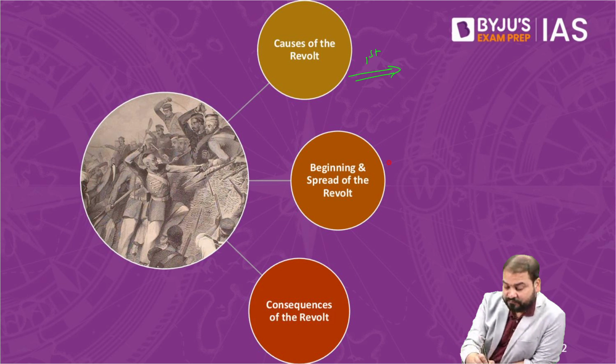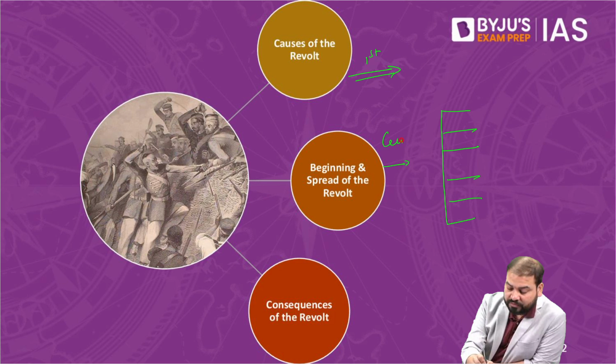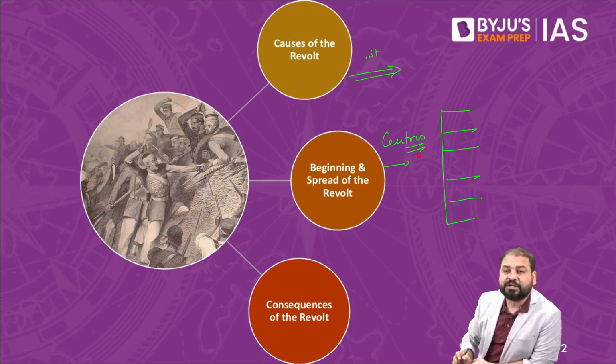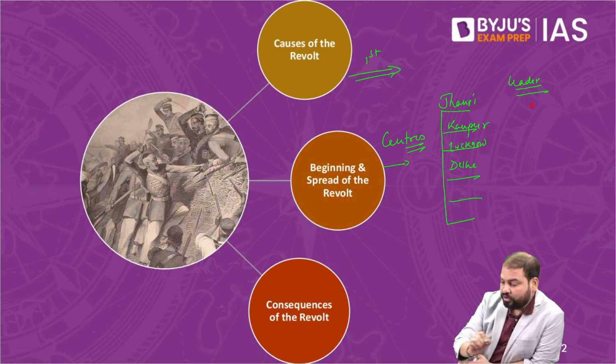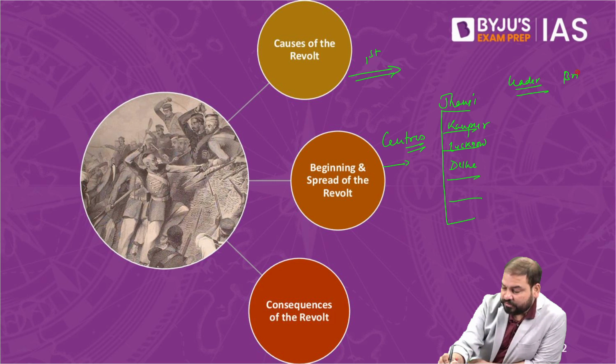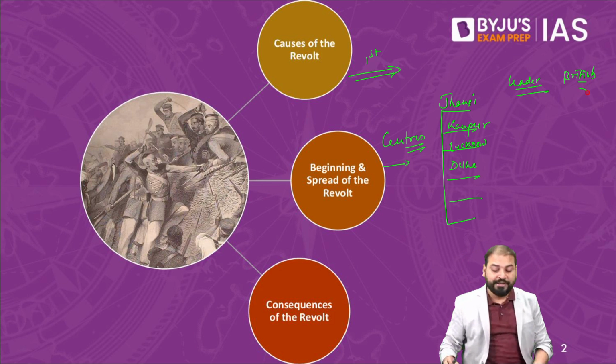Second part, we shall see some stories. What stories? Centers of the revolt. So for example, Jhansi, Kanpur, Lucknow, Delhi, we shall look into the leader and of course the British administrator who crushed this revolt in those places.